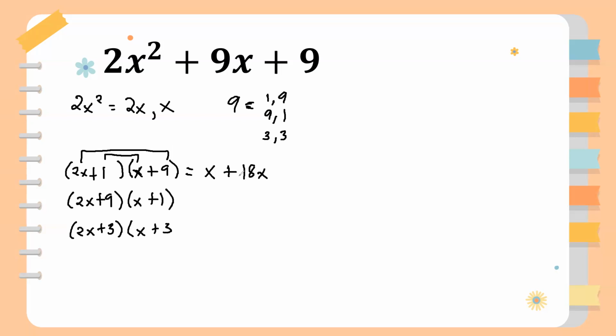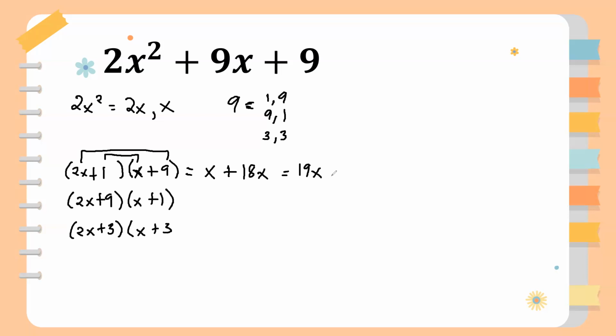Ayan, 18x. Bakit may nilagay akong plus dito sa pagitan ng x and 18x? Because yung nasa second rule natin, kailangan daw we get the sum of the products of the inner and outer terms. So ang gagawin natin, i-add lang natin yung nakuha nating product. So x plus 18x, that is equal to 19x.